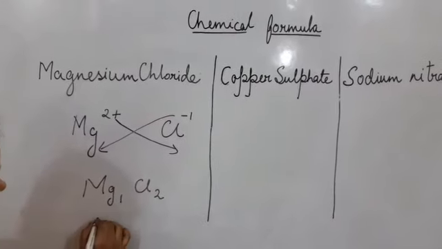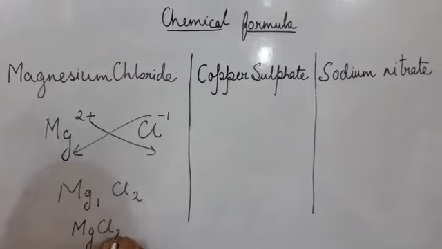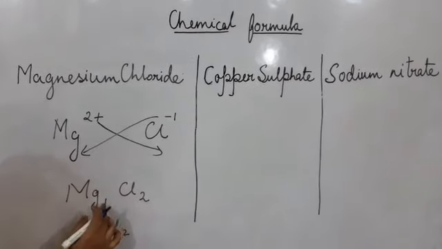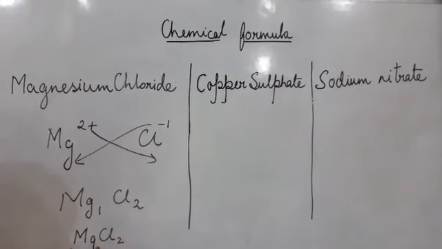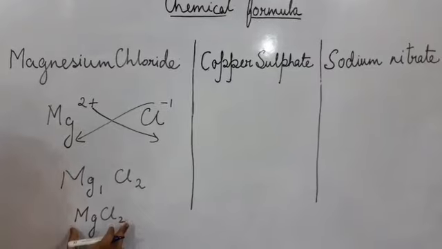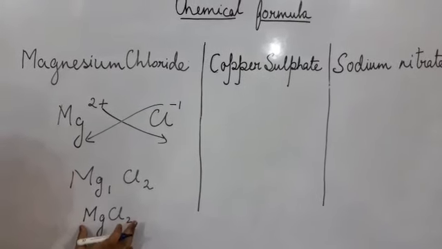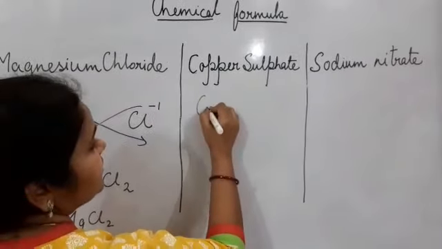Now 1 you can skip writing and simply write MgCl2. Even without 1 written, it is understood that only one magnesium atom is present in magnesium chloride molecule.